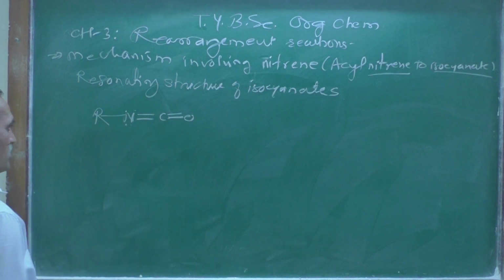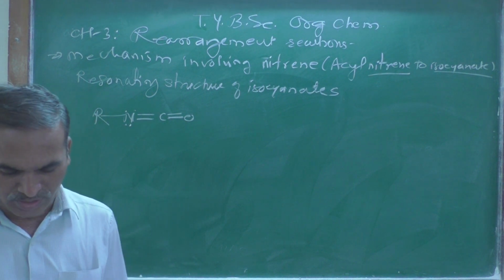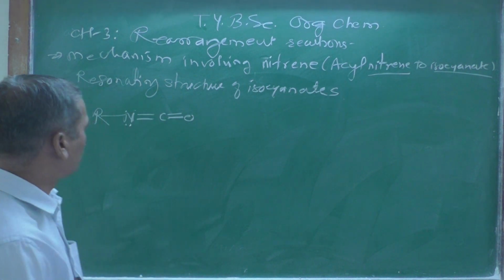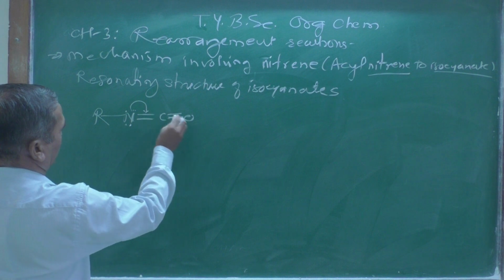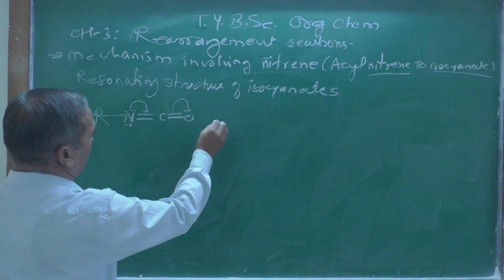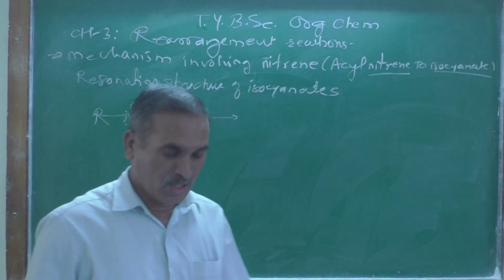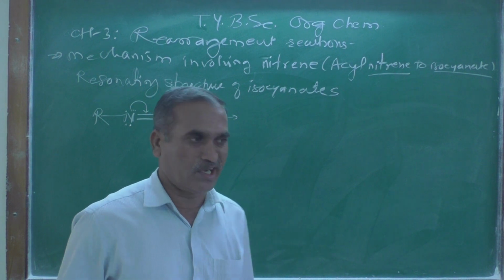The lone pair present on the nitrogen atom forms a triple bond, and the resonating structure can be shown like this, with a negative charge over there. A resonating structure, or canonical structure, is shown by a double headed arrow.